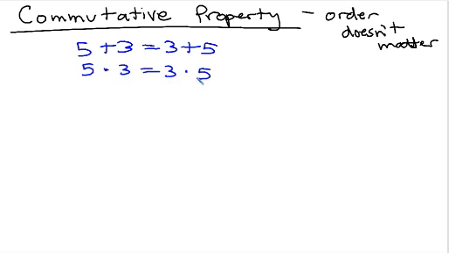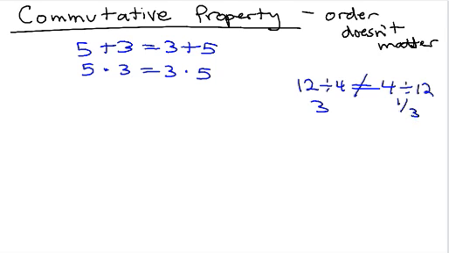Think about it. 12 divided by 4 is not the same thing as 4 divided by 12. The left side is 3, the right side is 1/3. They're not the same. All right, the commutative property is not true for division. It's also not true for subtraction, which I think is more obvious.